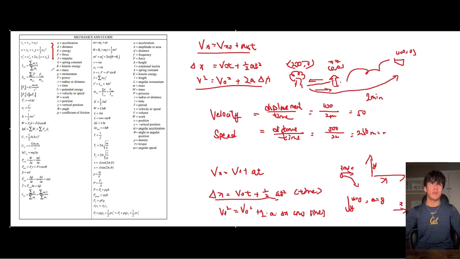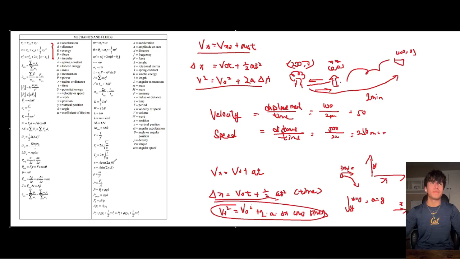You have a little car over here; make it a Porsche, make it a Lamborghini, whatever you like. It slams on the brakes and stops over a distance of 40 meters, and it asks you about the acceleration. We see there is no time. So no time. What equation did I talk about?